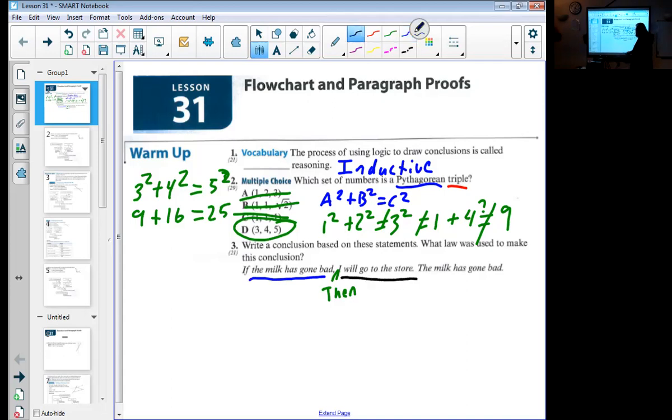The conclusion is I will go to the store. Now looking at our second statement, it says that the milk has gone bad. Well, that is just our hypothesis again. So that means we know that the answer is going to be: therefore, I will go to the store.